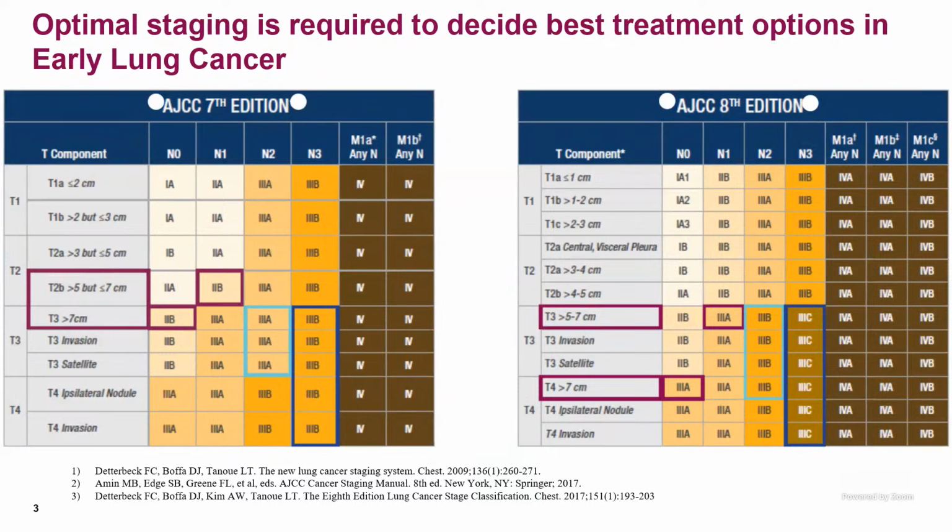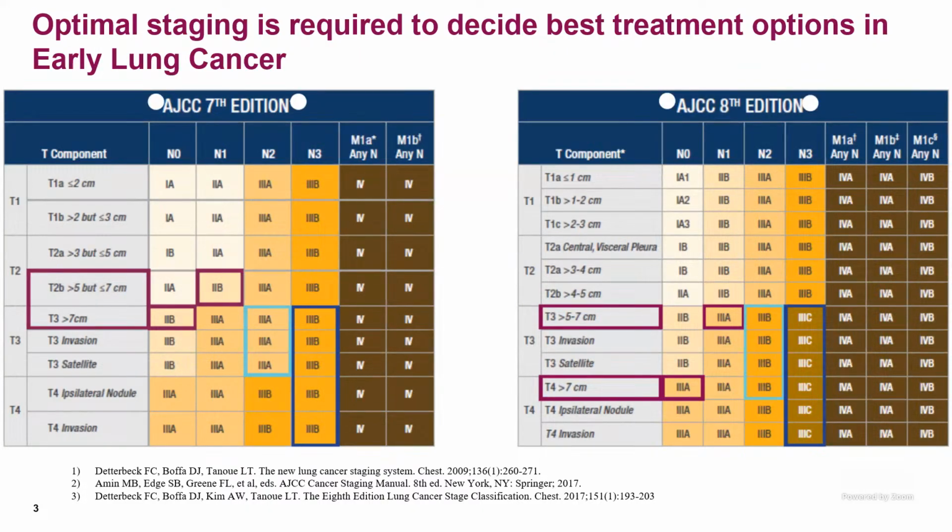And for optimal treatment, we need to stage the patient optimally, because the treatment is very important. There are slight changes in staging between AJCC 7 and AJCC 8, depending on the tumor size. T2b used to be more than 5 centimeter but less than 7 centimeter.